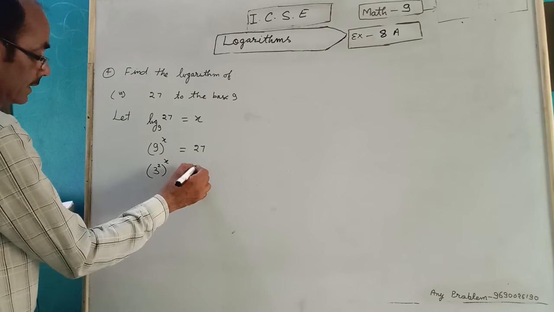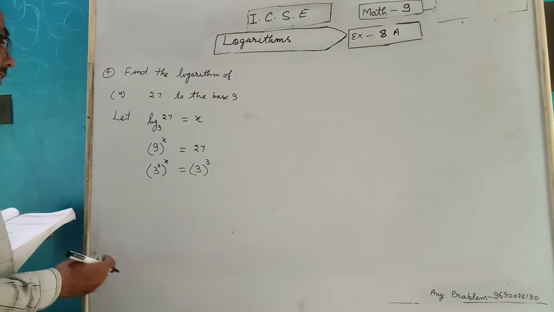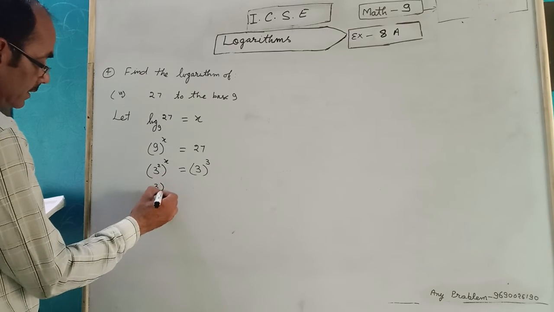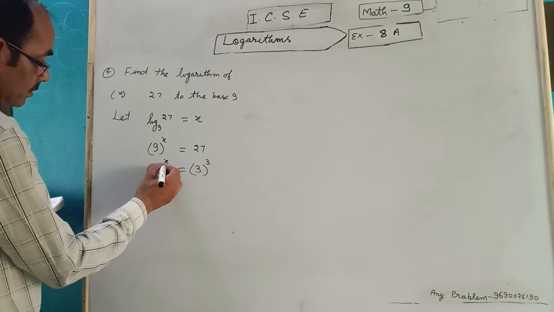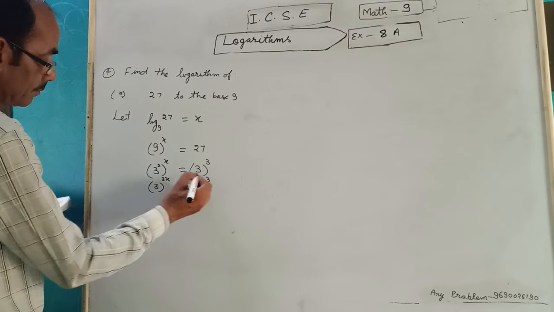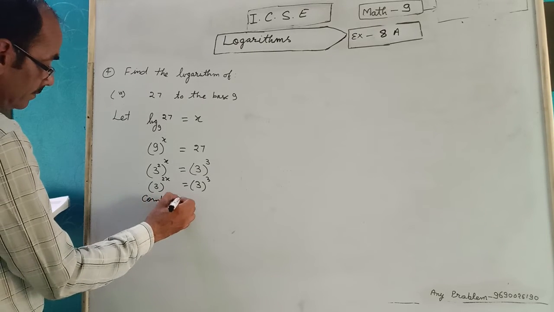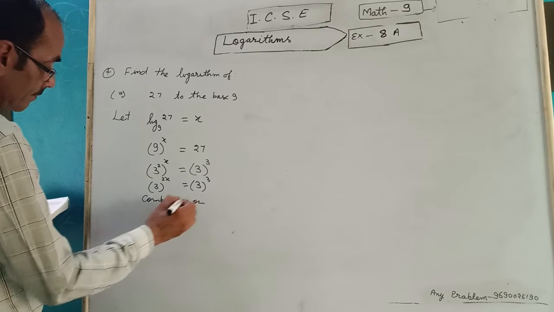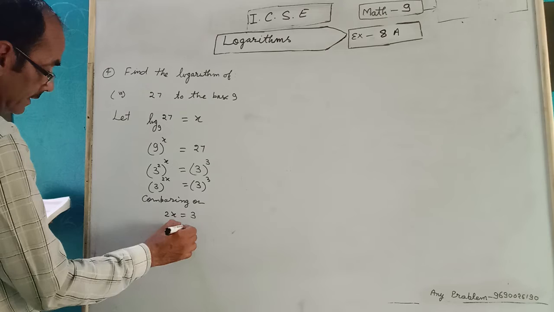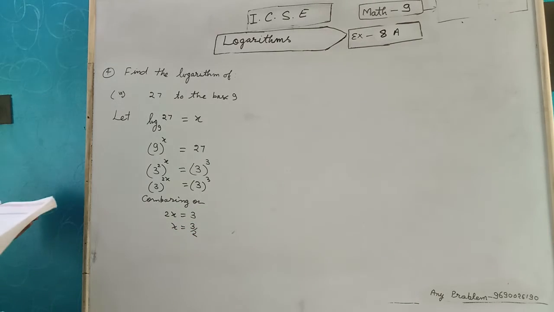Common power. 27, write the 3 cube. Multiply by power, 3 as power 2x is equal to 3 as power 3. Base are equal. Comparing, 2x is equal to 3. Then x is equal to 3 upon 2.